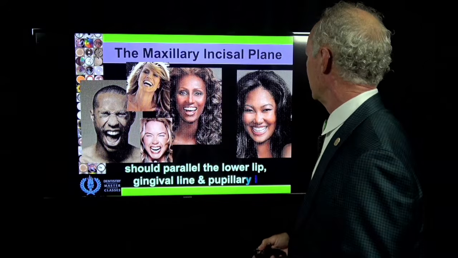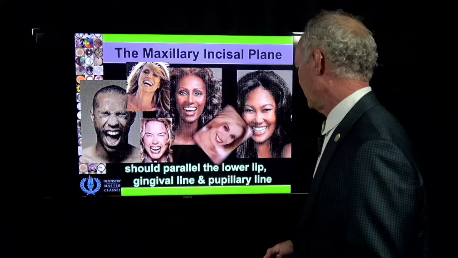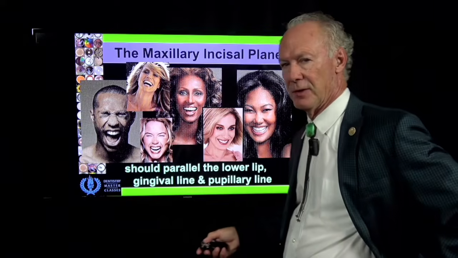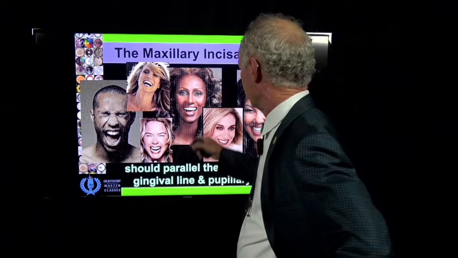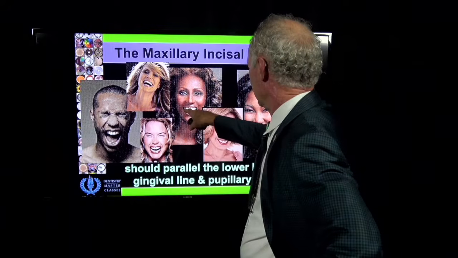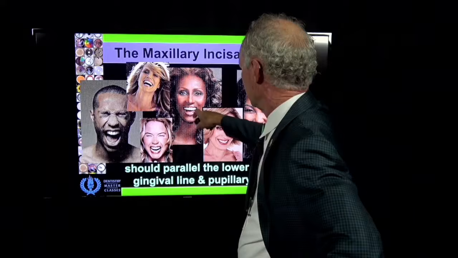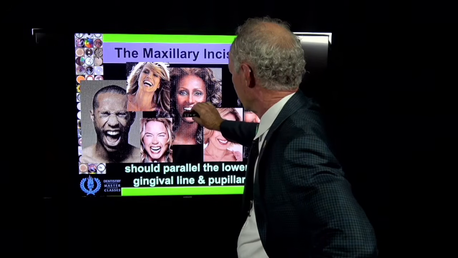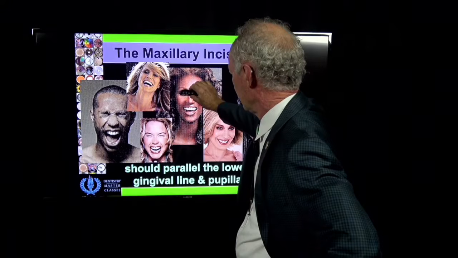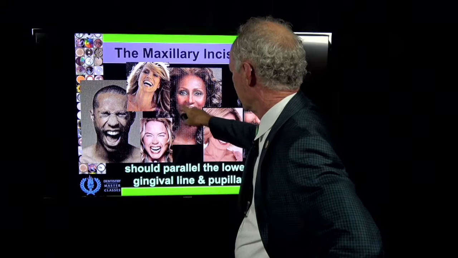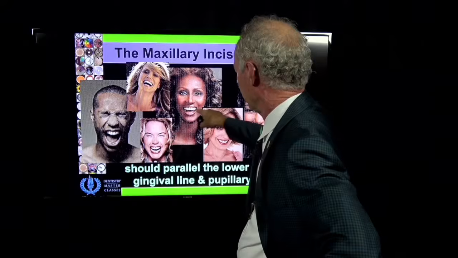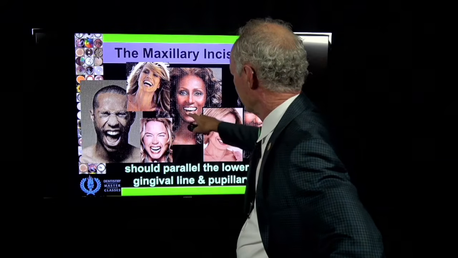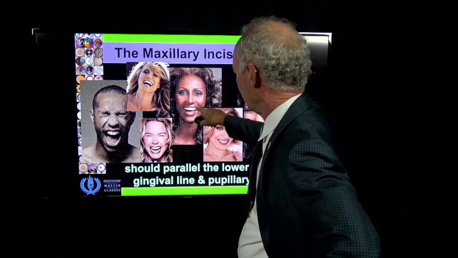The maxillary incisal plane should parallel the lower lip, gingival line, and pupillary line. That's what we've talked about. You want the central incisors' incisal plane to parallel the pupillary line, and you want the incisal plane of the anterior teeth to parallel approximately the lower lip and the gingival line.